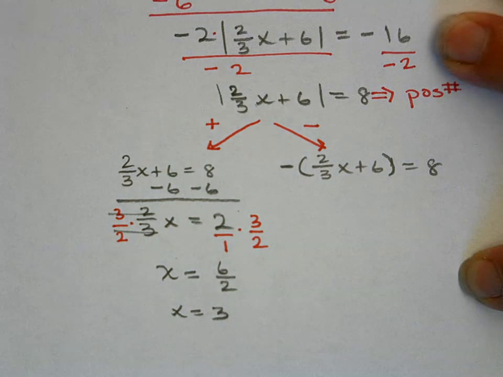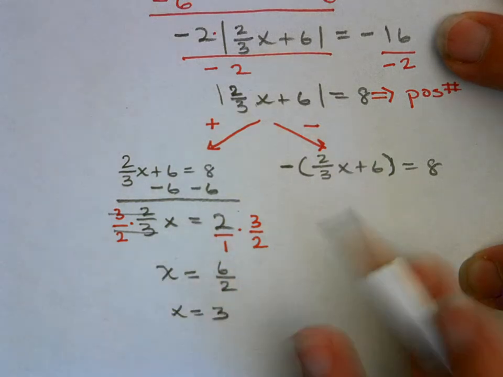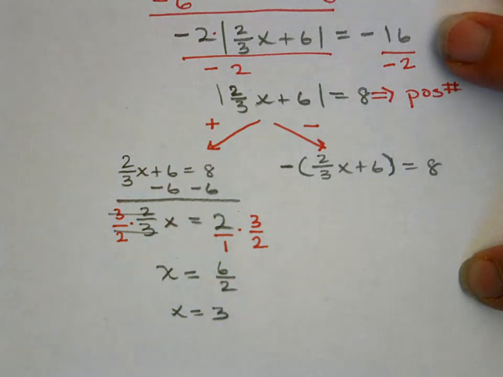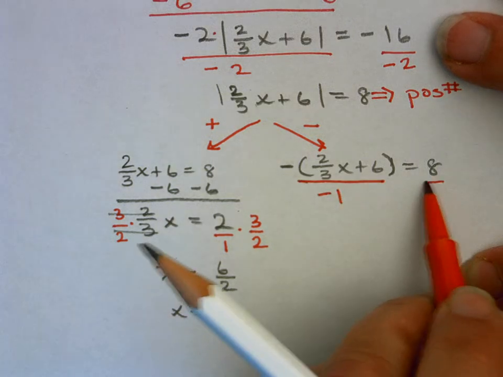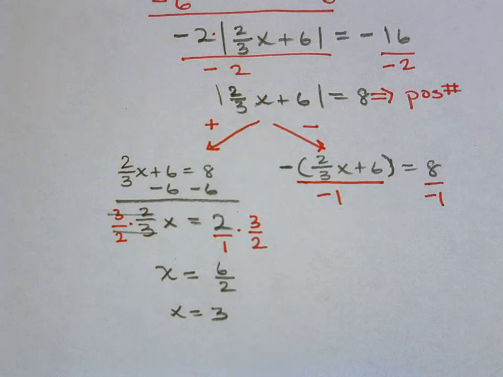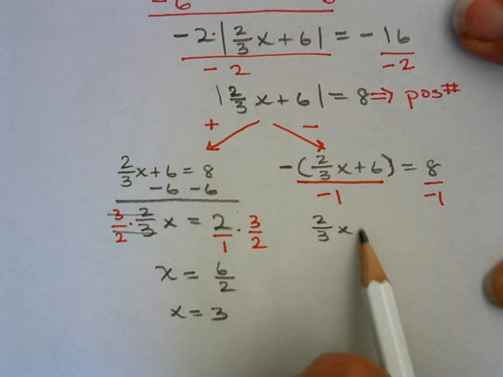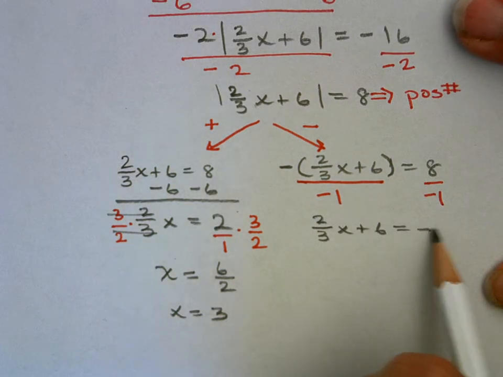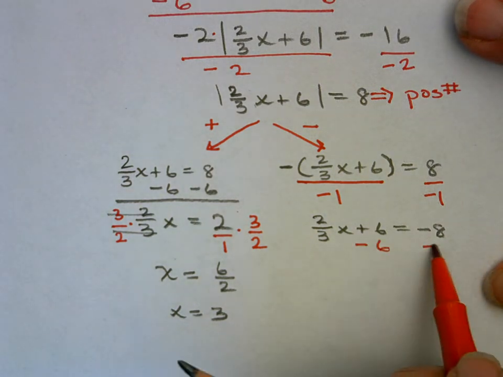And now let's do the same over here. So again, I can distribute, but remember I'm trying to isolate, so I don't want to incorporate the negative, I want to move it over. So it's not wrong to distribute, it just, we don't want to incorporate it in, we want to divide it over to the other side. And then go ahead and solve. So I'm going to subtract 6 from both sides.